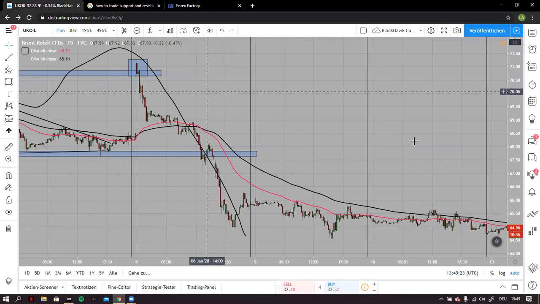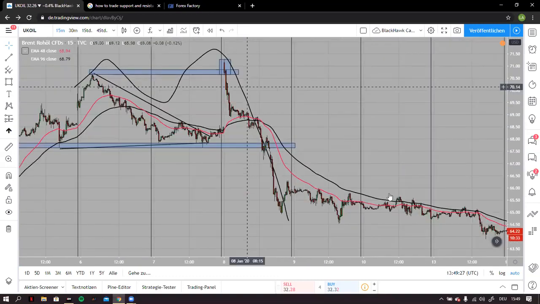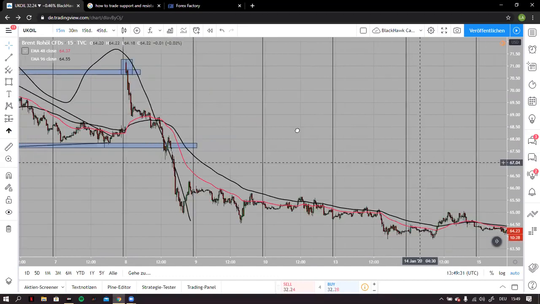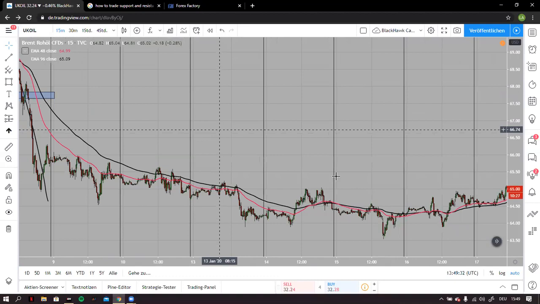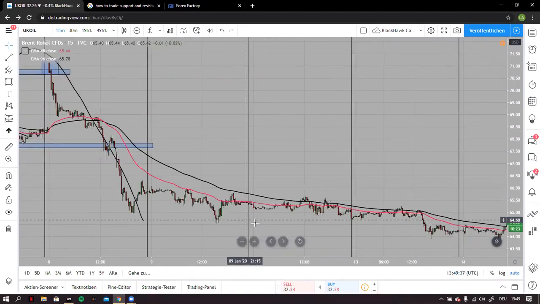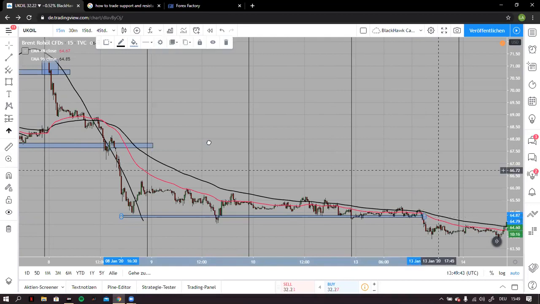With patience, you could get a better entry, but I wouldn't recommend getting in, even if this looks good to me, because at these zones more can happen. Another time, support became resistance, a trap zone.